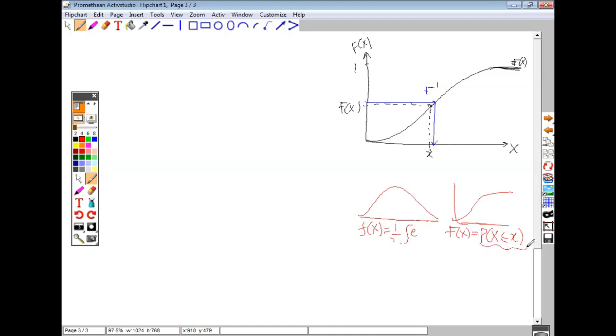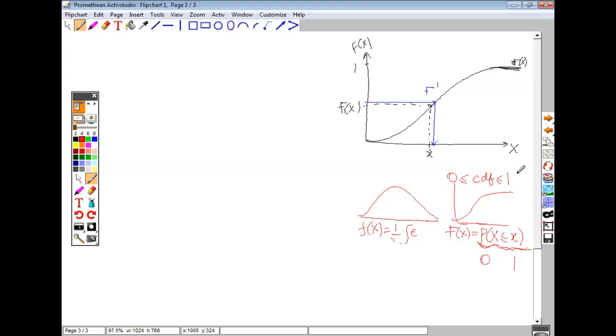So what are the values that a probability can take? It can only be between 0 and 1, right? And so can my F of X be? Do you guys remember this? So whenever I'm talking about this CDF, it can only take values between 0 and 1.